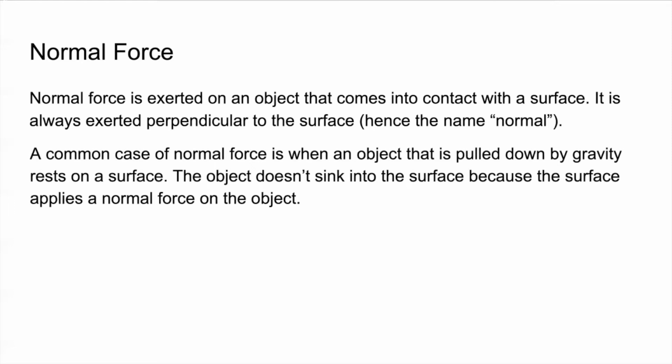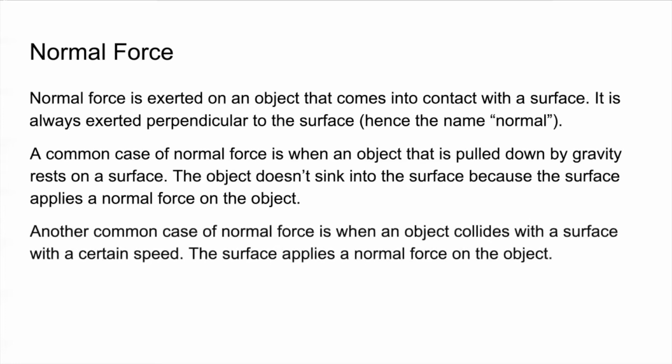So the surface exerts normal force on the object to prevent it from sinking down into the surface. So right now, wherever you're sitting or standing, the surface that you're on is exerting normal force on you to prevent you from sinking down because you're being pulled down by gravity from the Earth.